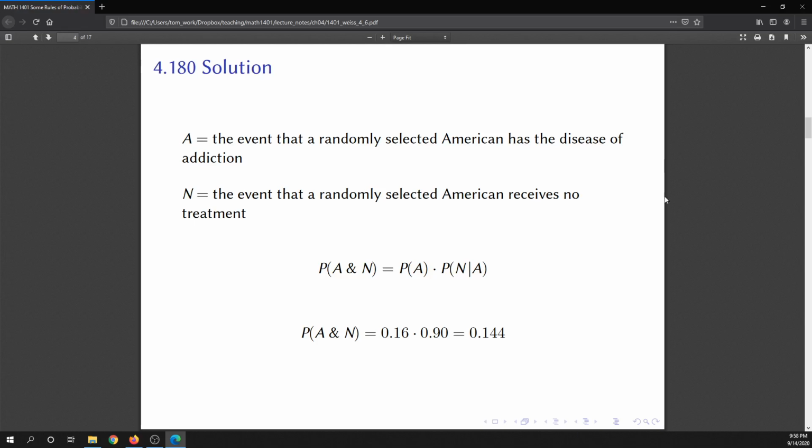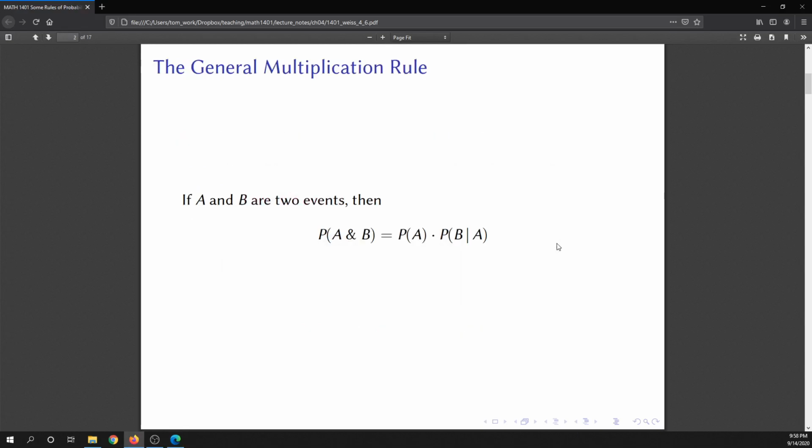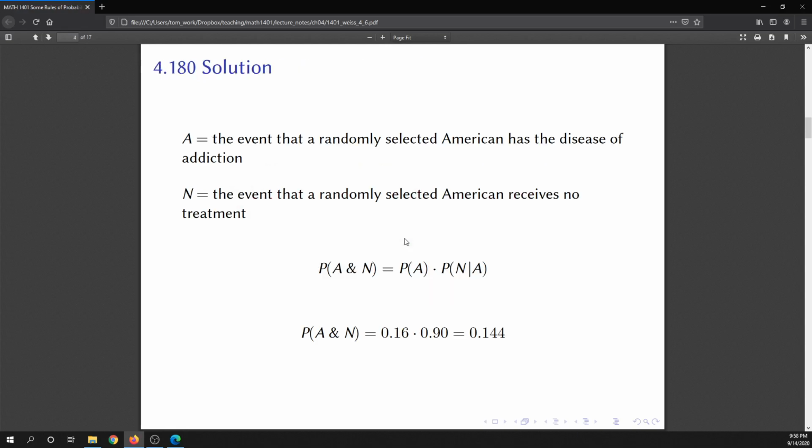So what the problem wants us to do is to find the probability of A and N. Going by the general multiplication rule, we apply it to this problem. We have the probability of A and N is the probability of A times the probability of N given A.